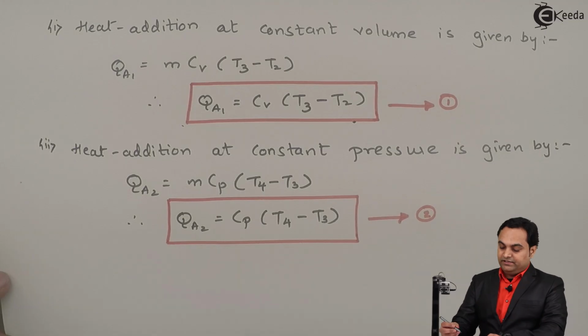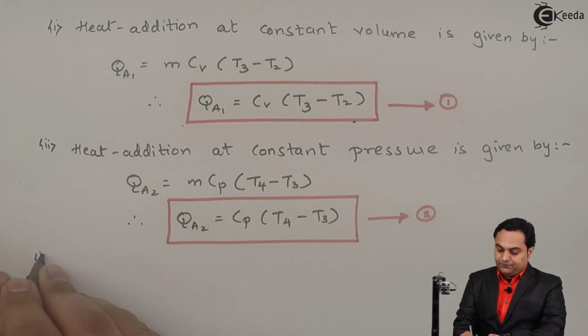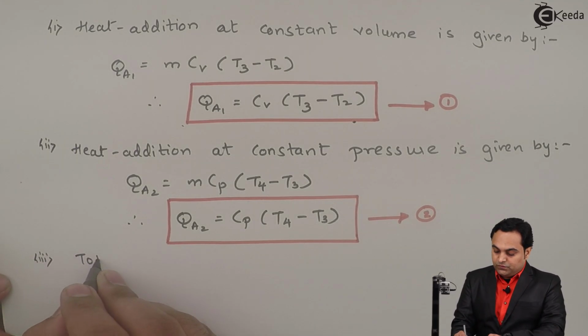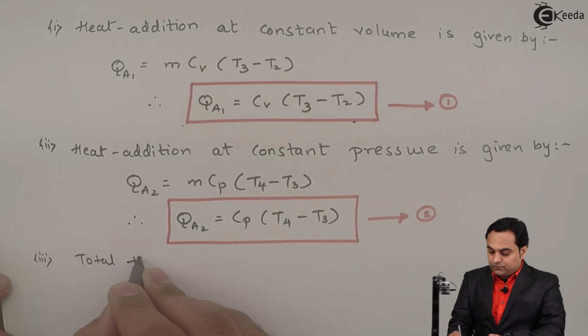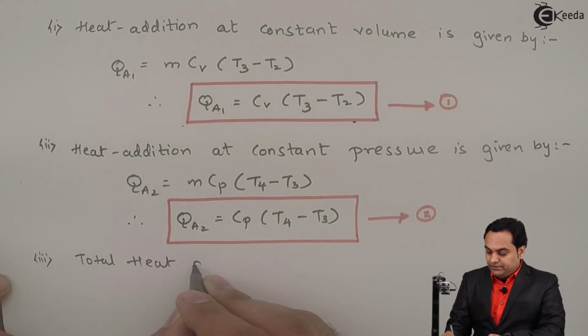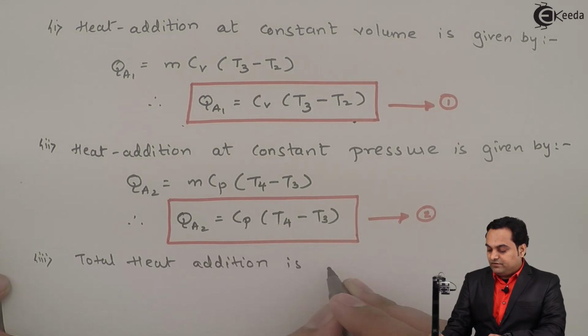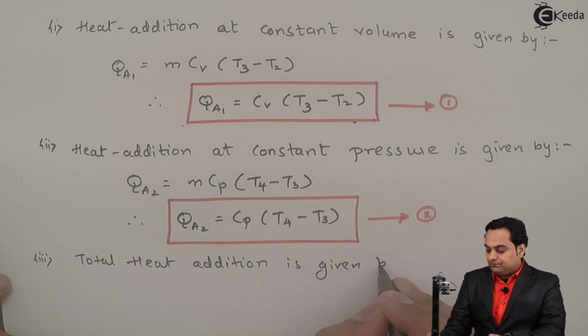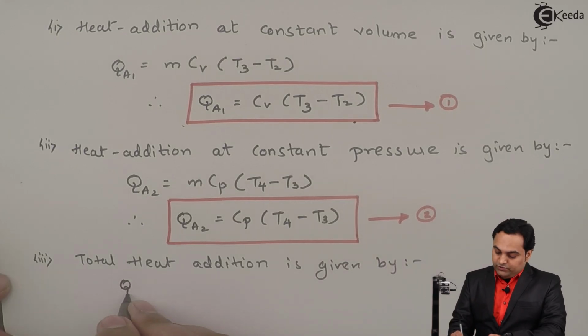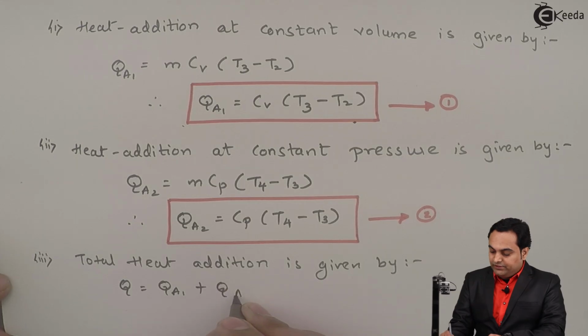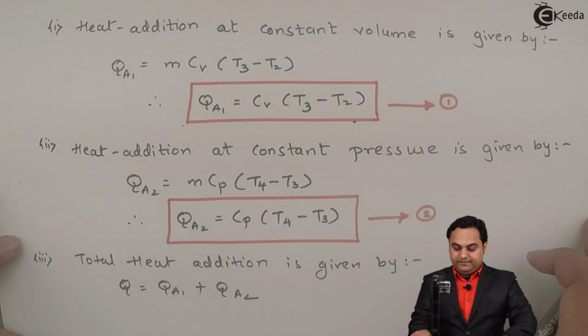Next, I'll write down the total heat addition. Total heat addition is given by Q equal to QA1 plus QA2. So I'll simply add the values.